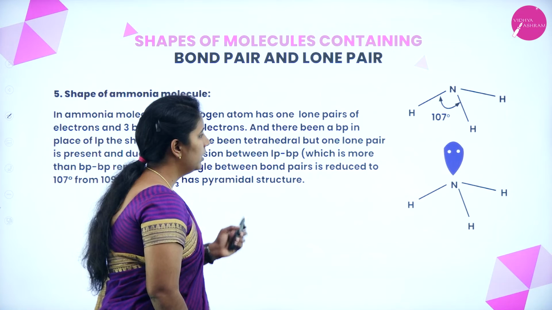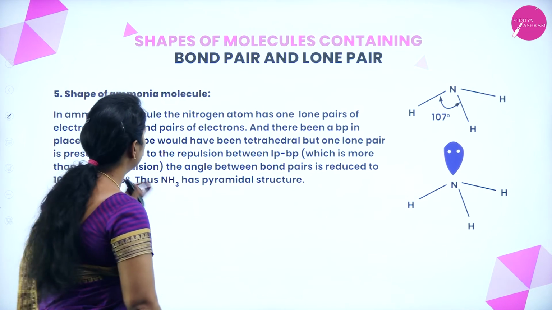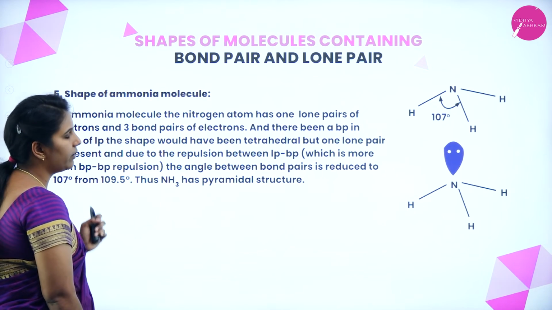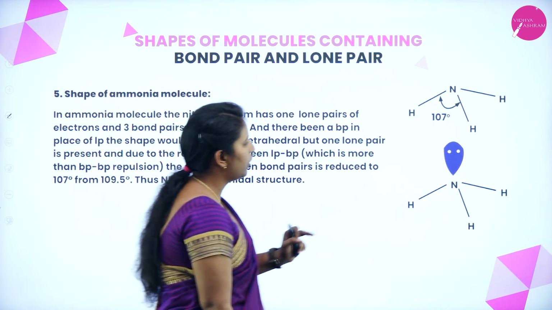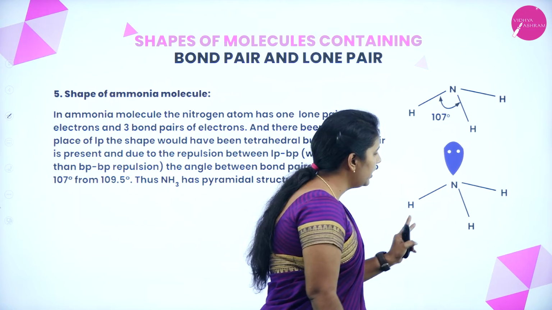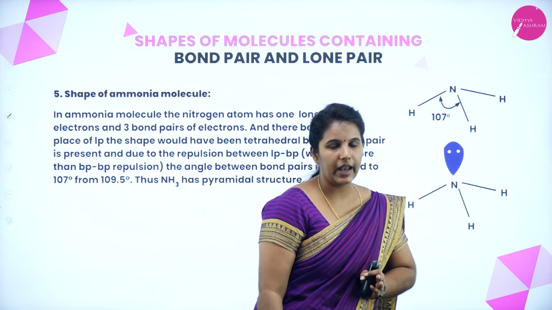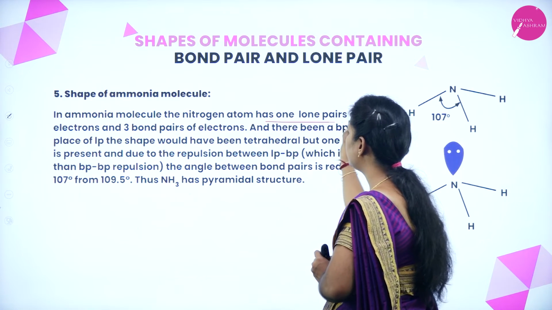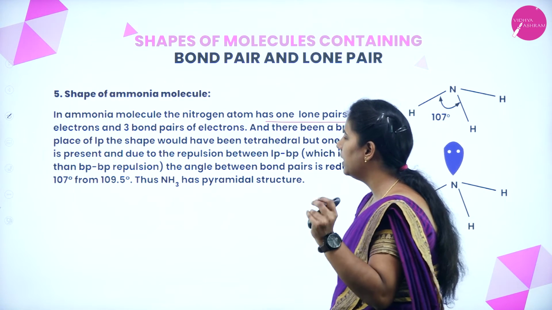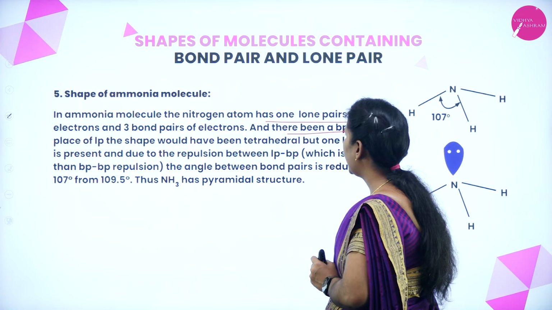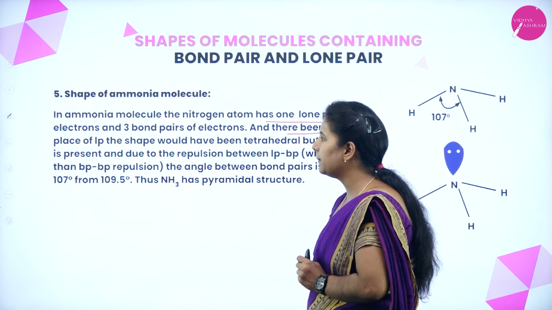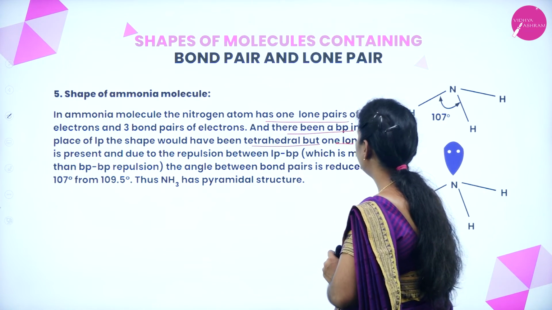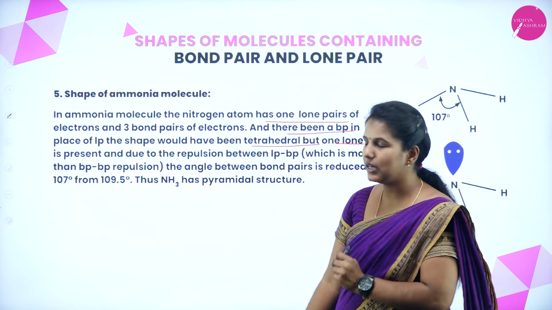Now let us take one more example, the ammonia molecule. In the ammonia molecule, nitrogen has how many lone pairs of electrons? Only 1 lone pair and 3 bond pairs of electrons. The shape would be tetrahedral, but 1 lone pair is present in ammonia.